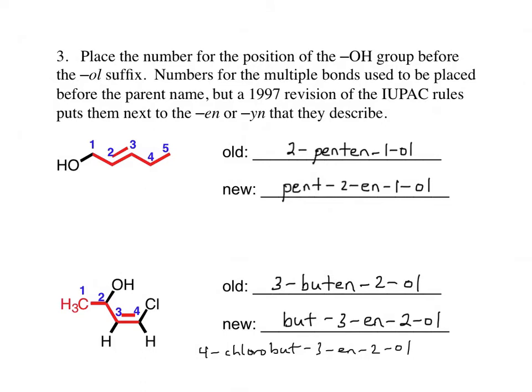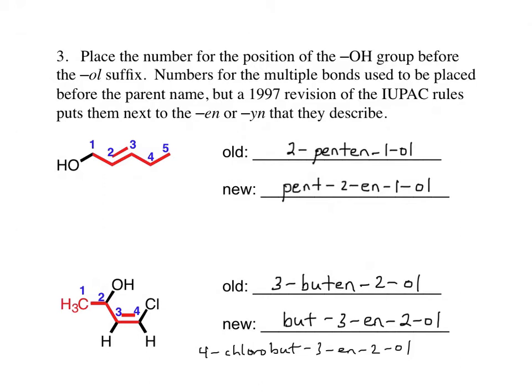We're missing one thing, and it's the thing that always costs everybody a half a point on the test, and that is E or Z nomenclature. So, on this first one, we have the groups coming out opposite sides.